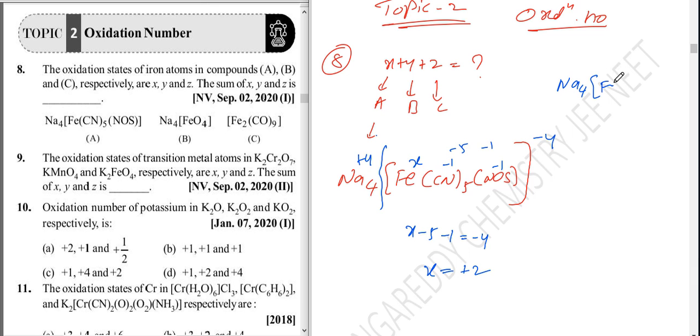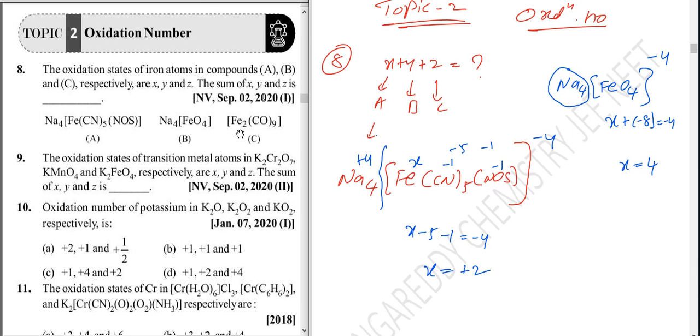Okay, then the second option, Na4FeO4. See here, cyanide you know, but NOS maybe it's new for you. NOS has a total of minus 1. Now Na total is plus 4, so above the bracket it will be minus 4. Then iron, we don't know X, total oxygens here minus 8, that equals minus 4, then X equals plus 4.